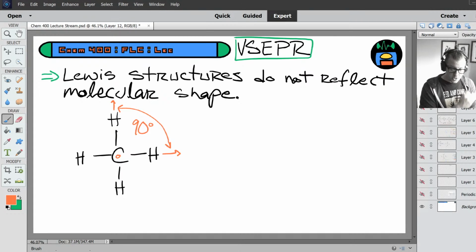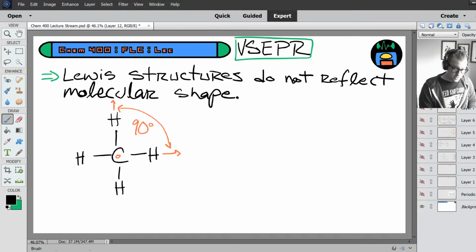So every single bond that you draw is this pocket of negative charge that pushes away from every other bond, every other pocket of negative charge. They want to get as far away from each other as possible, and in two-dimensional space, 90 degrees is as far as that can get. But it can get farther if it's allowed to exist in a three-dimensional space.